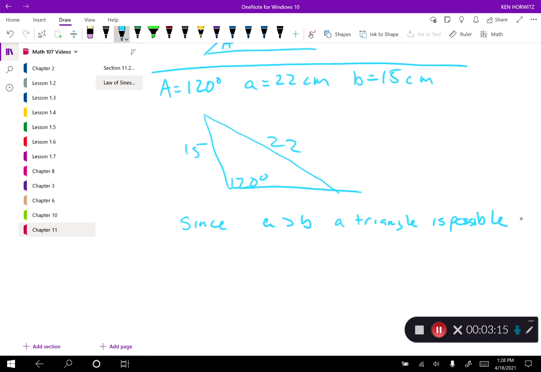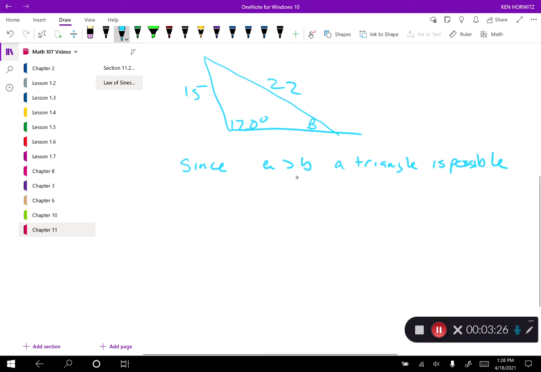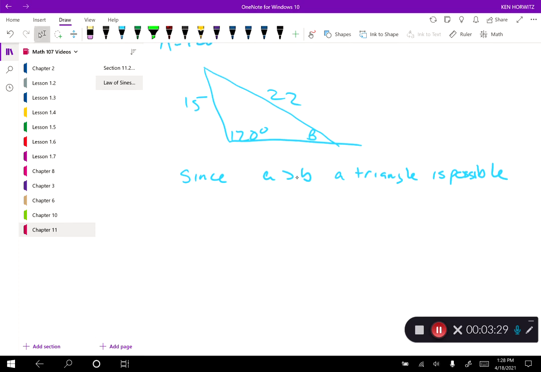So now we can determine other things. The first thing I want to know is, if this is side B, then this is angle B. So we want to try to get angle B. Now again, with the law of sines, you're probably going to have to use a calculator if you want an exact figure. If your class does not use calculators, I'll show you basically where you end.